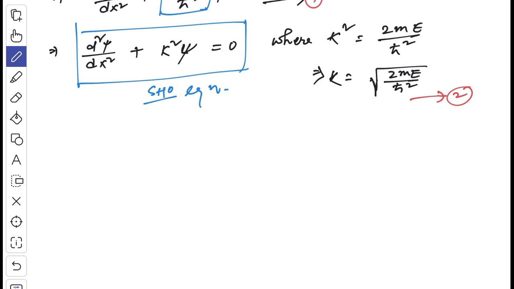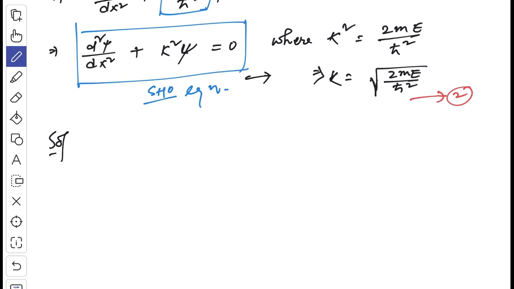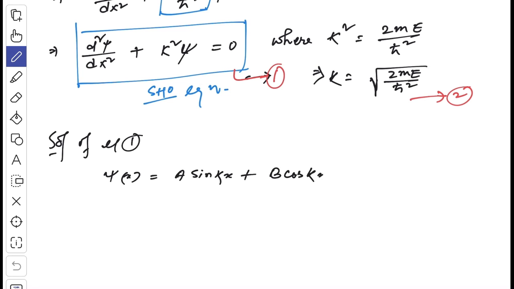The solution of equation 1 will be given by psi of x is equal to A sine kx plus B cos kx, where A and B are constants.